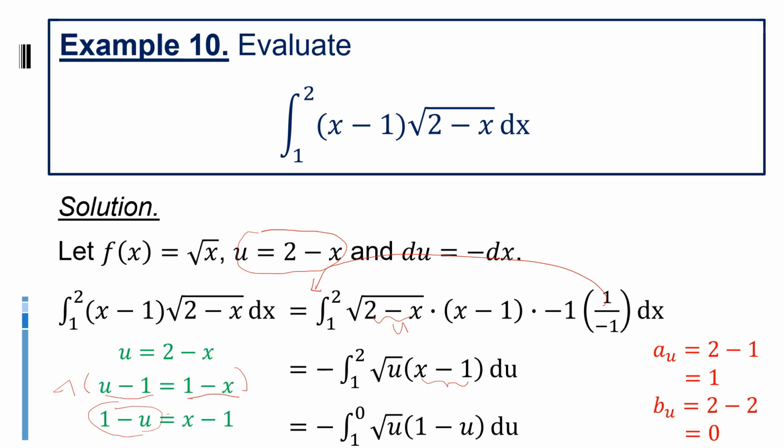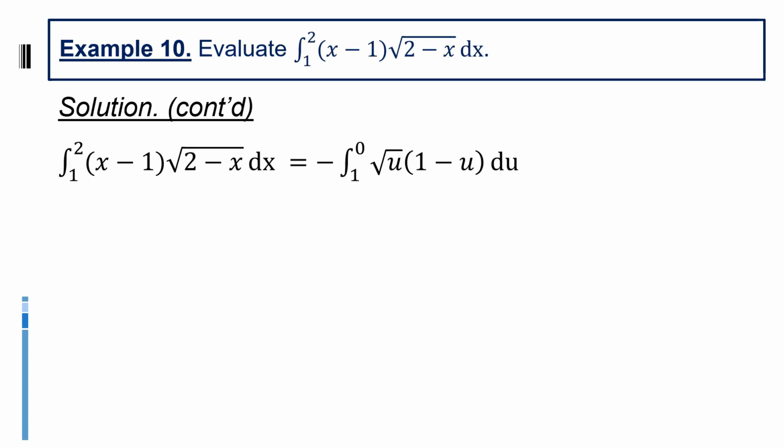So we now have the negative of the integral from 1 to 0 of square root of u times 1 minus u du. Okay, ito kasi baliktad yung kanyang upper and lower limit. So pwede natin ngayon gawing negative ito. So we have positive na of the integral from 0 to 1 of the square root of u times 1 minus u du.